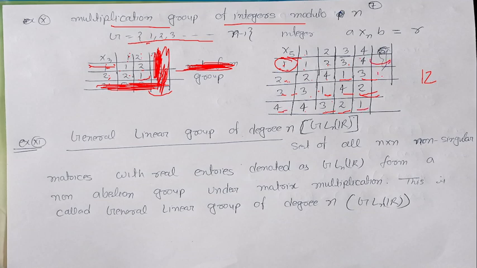You can see in each row or each column every element is written there. Then in this way we can say that multiplication modulo 5 forms a group.